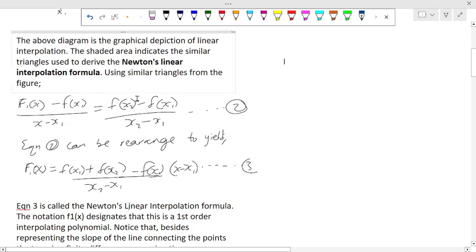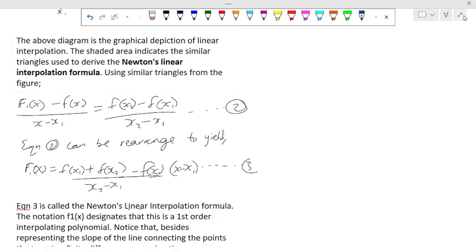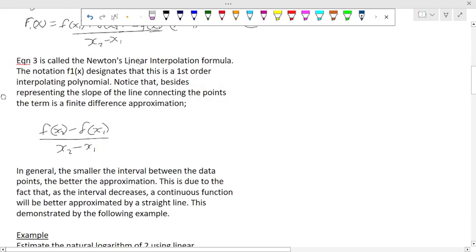This one multiplies both sides. So we rearrange to get this. This equation 3 is Newton's linear interpolating formula, and the notation f1 of x means that it's the first order interpolating polynomial.